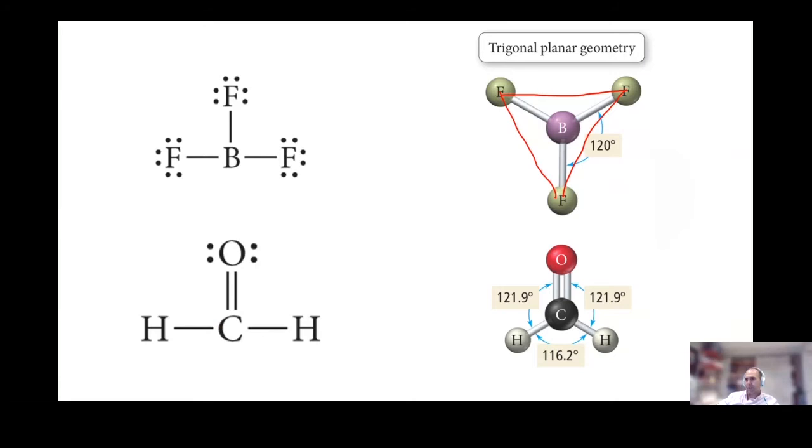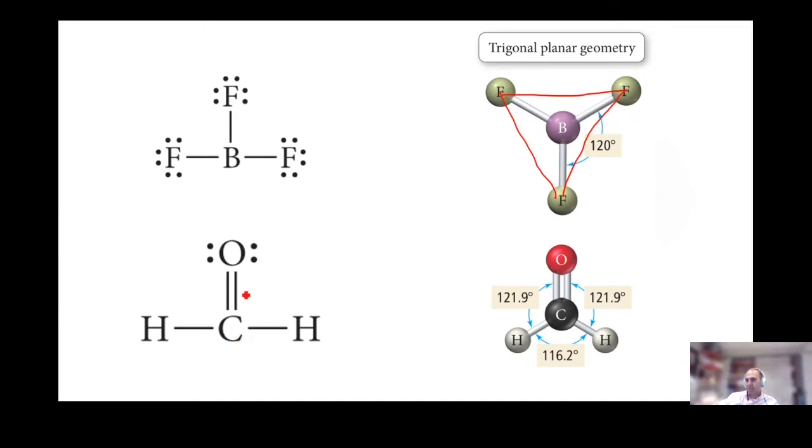Now, if we think about our theory of VSEPR theory, which is valence shell electron pair repulsion, here I've got 4 electrons versus 2 and 2. So I can assume that the 4 electrons are going to repel more than the 2.